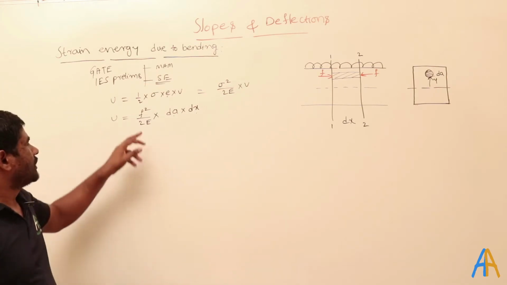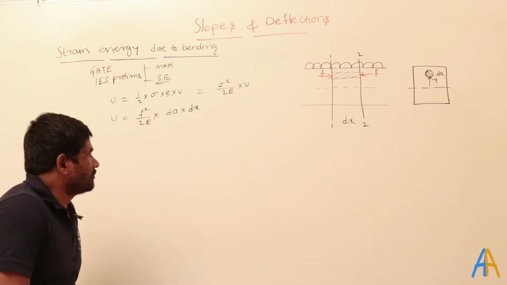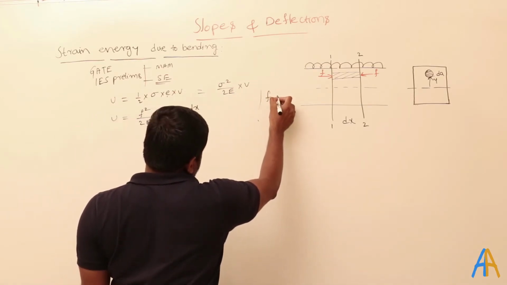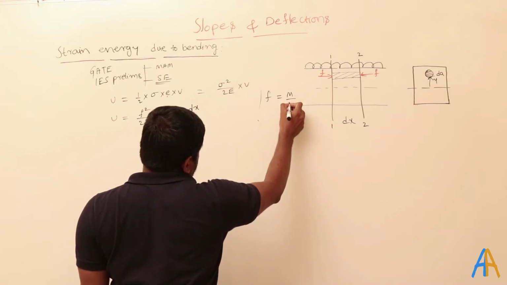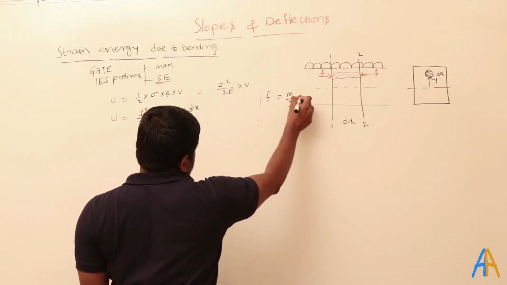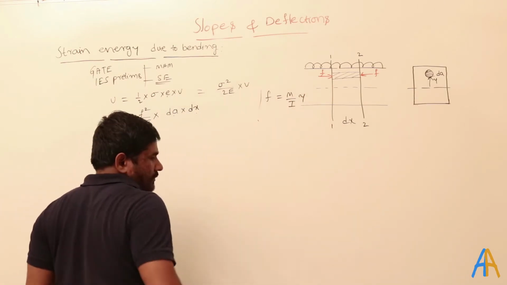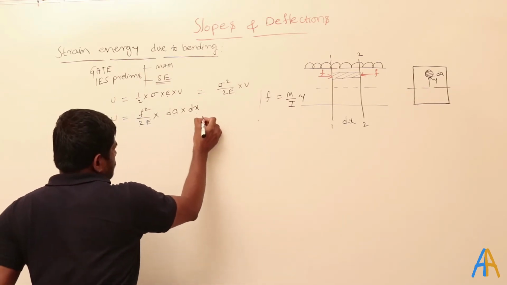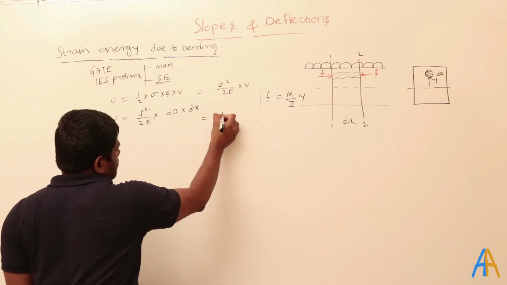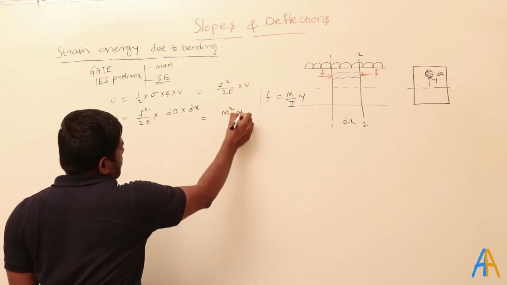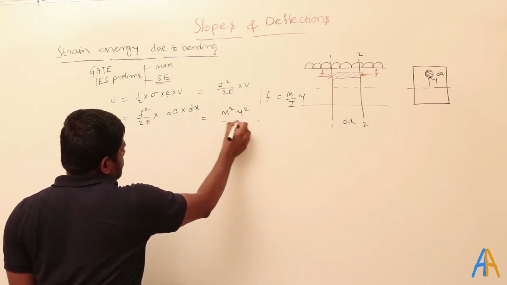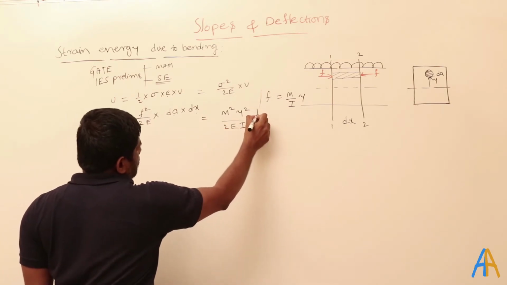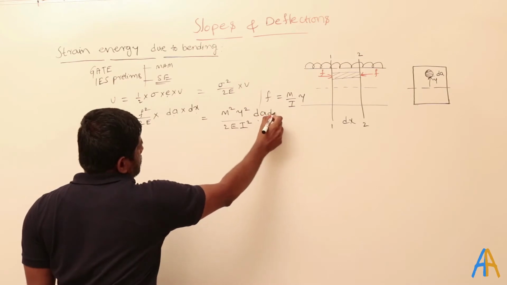Here I will substitute the value of F, which in terms of M is F equal to M divided by I into y. If I substitute that, F square becomes M square y square divided by 2E I square, into dA dx.